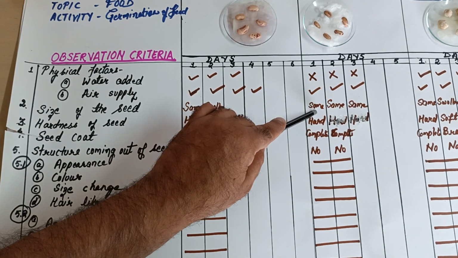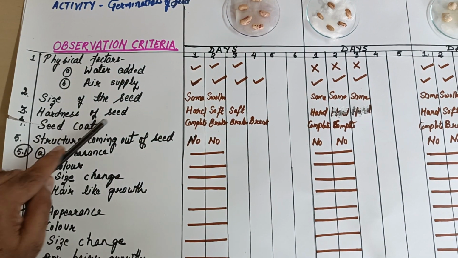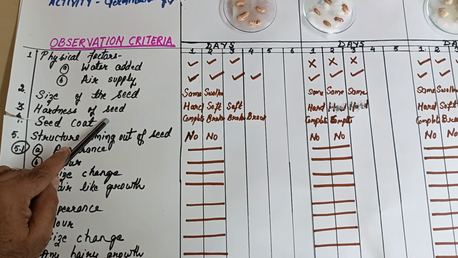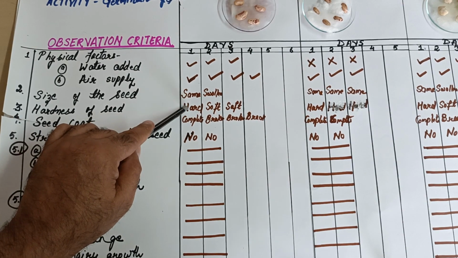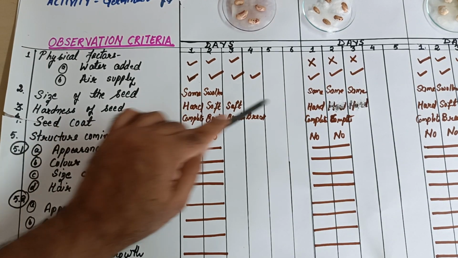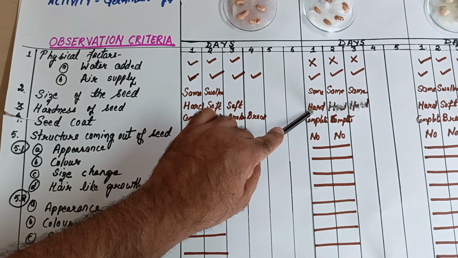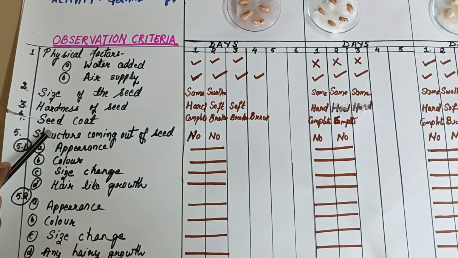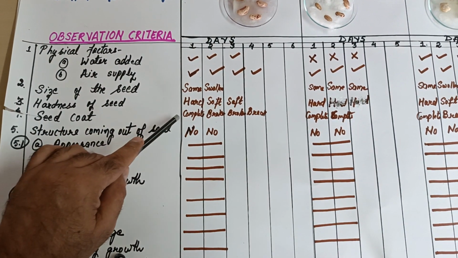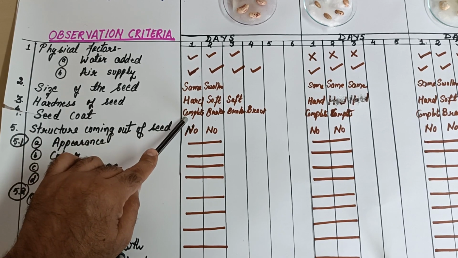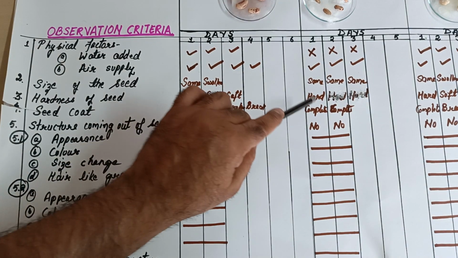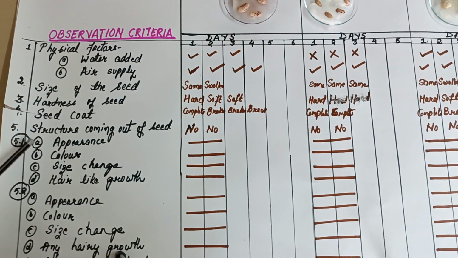For sample B also same size. Hardness, since the seeds are dry, so on day 1 the seed is very hard. Similarly for sample B also, it's very hard. Seed coat, since the seed was dry, so the seed coat was complete. Similarly for sample B also, complete.